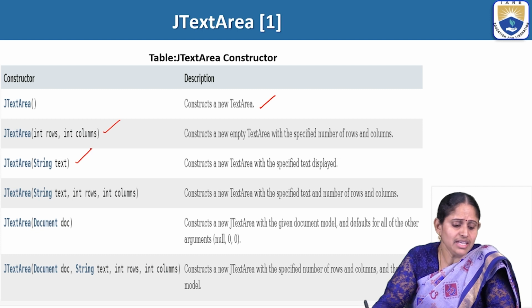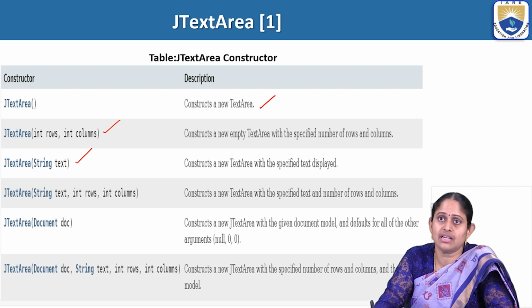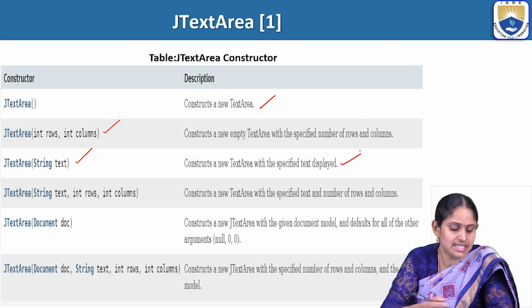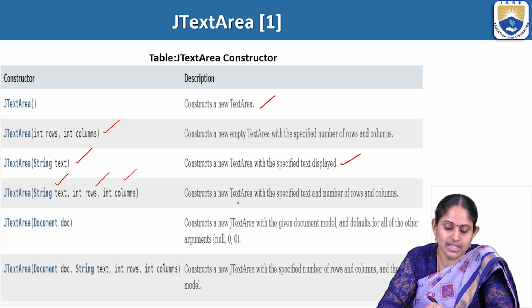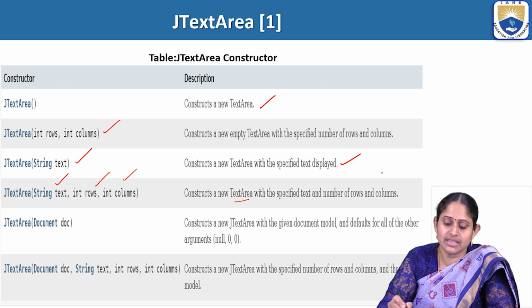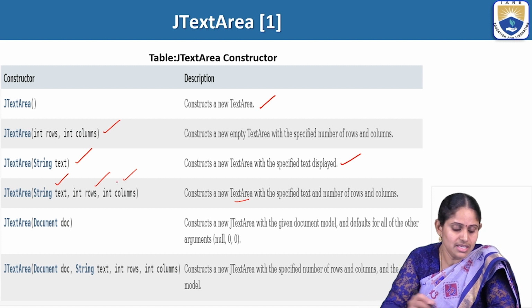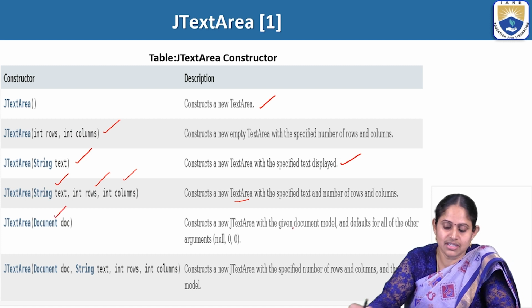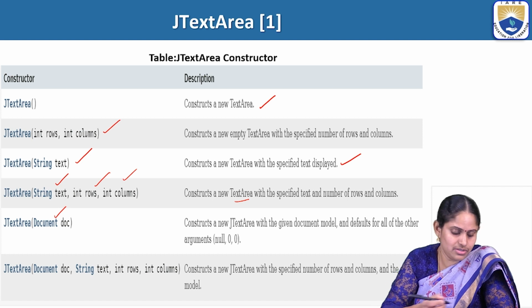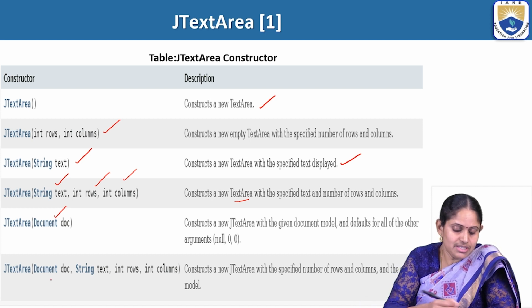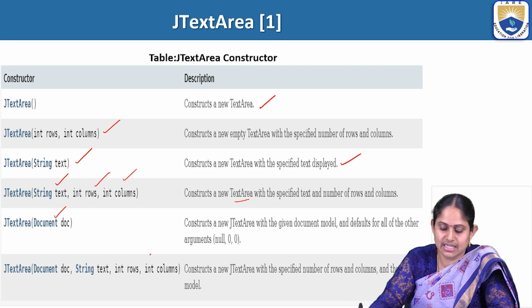The JTextArea with string constructs a text area with the specified text. The constructor with text, rows and columns will create the text area with that specified text and this number of rows and columns. The text area with document constructs a text area with the given document model, and the default for all the other arguments is null, 0, 0. And the JTextArea with document, string text, rows and columns constructs a text area with the specified number of rows and columns and the given model.